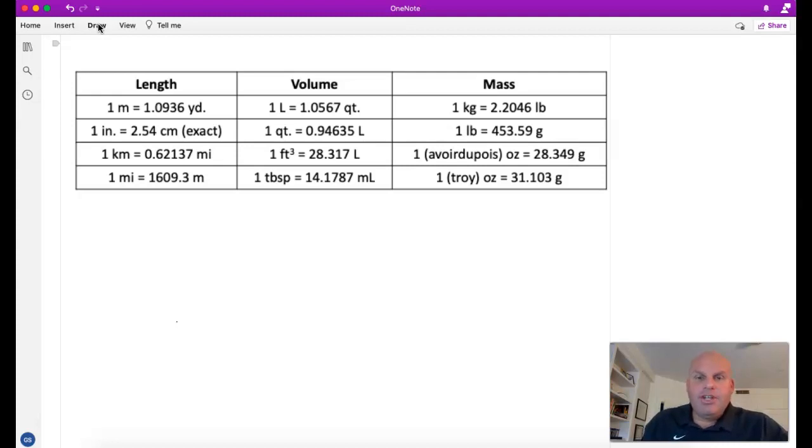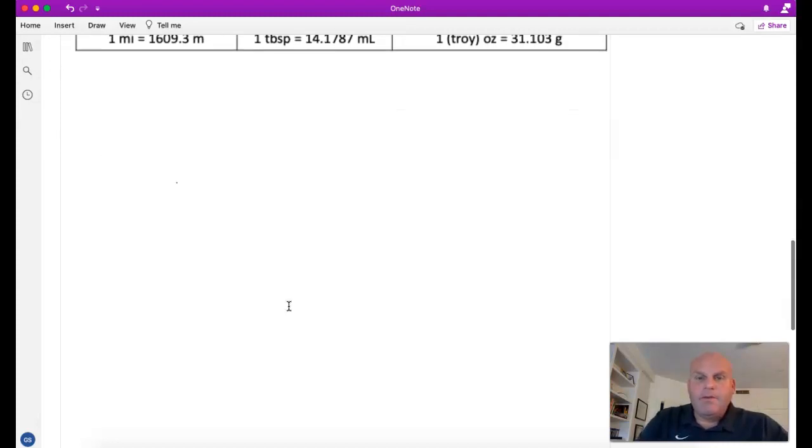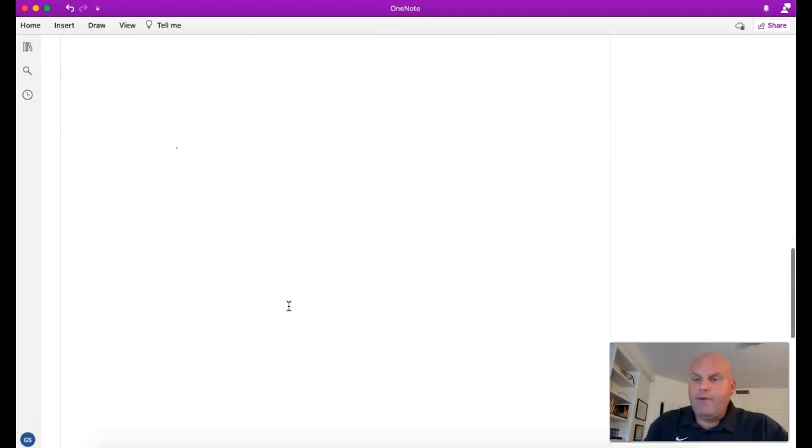The last part of this chapter covers temperature conversions. I've already discussed this a little bit in an earlier video when we talked about degrees Celsius and Kelvin and the relationship here. If you remember, there is exactly 100 increments between the freezing point and boiling point values in Celsius and Kelvin.